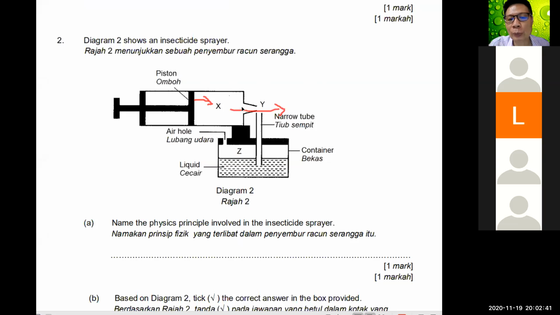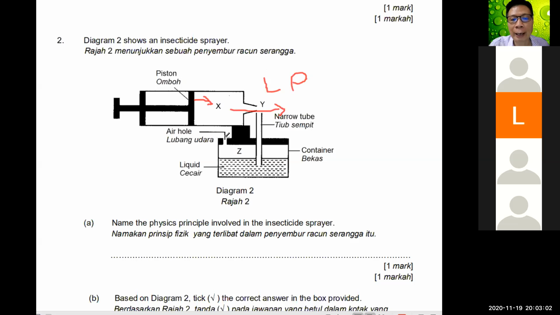Based on Bernoulli's principle, high speed becomes low pressure. So here the air moves in high speed, so it becomes low pressure. I write LP, low pressure.